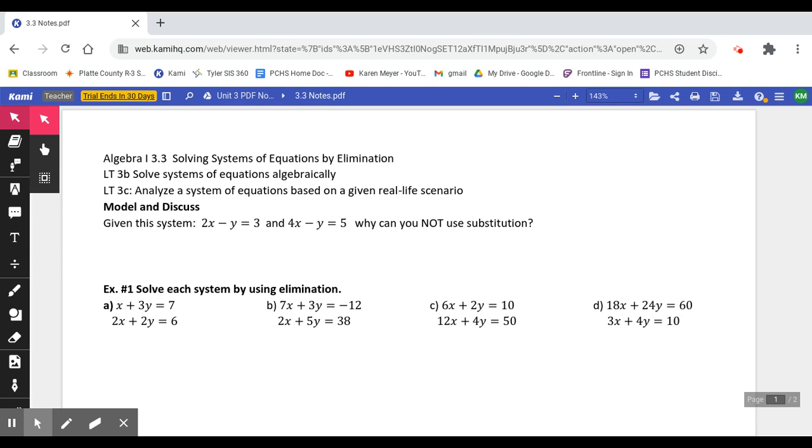Okay, so if you look at the model and discuss, you're given two different equations, and we want to know, why can you not use substitution on this one?